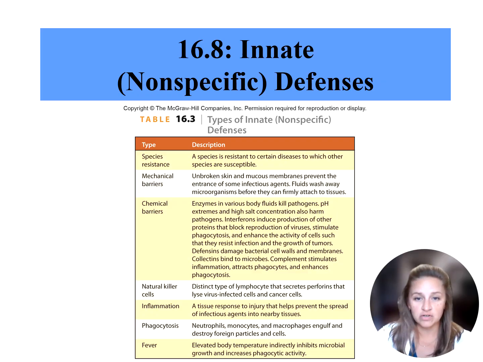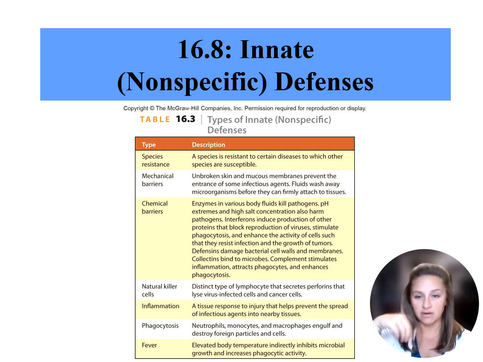Mechanical barriers. This is our first line of defense: our skin, our mucous membranes. The acidic and dry environment of the barriers will help protect against pathogens. We also have chemical barriers, and then we have natural killer cells. These are lymphocytes that secrete what are called perforins, and these perforins will inject and reproduce and release viral particles to alert the cells around it of this virus.